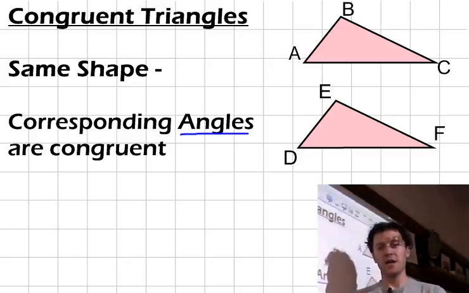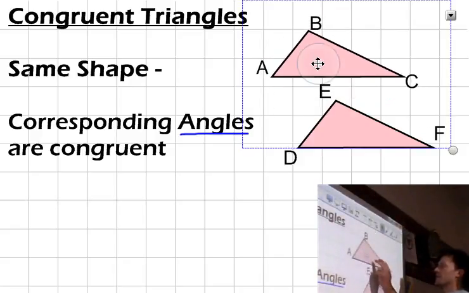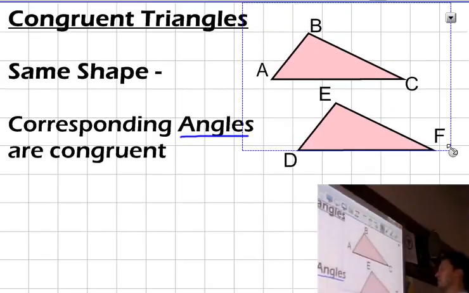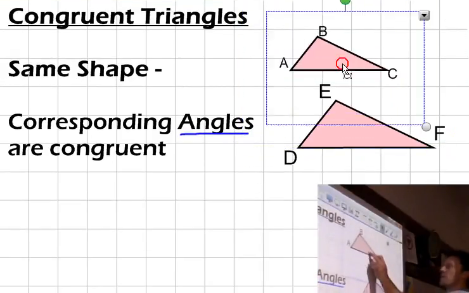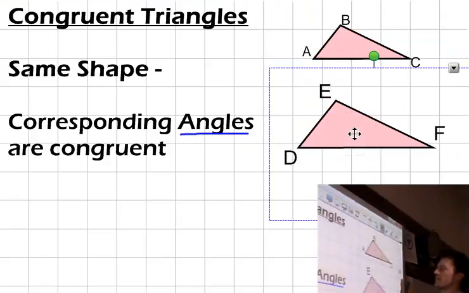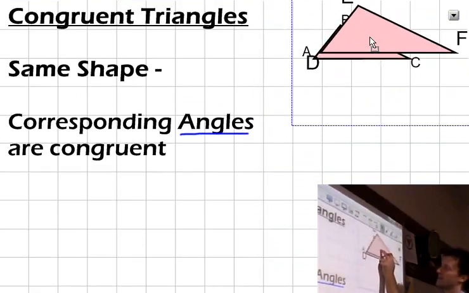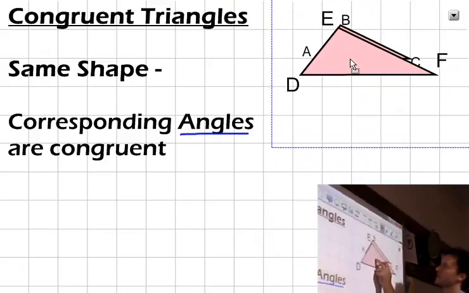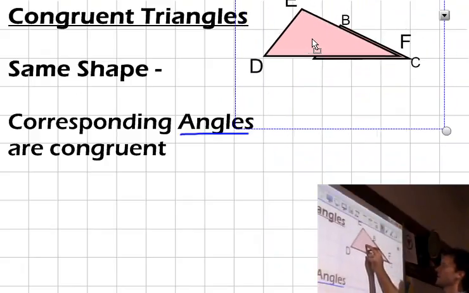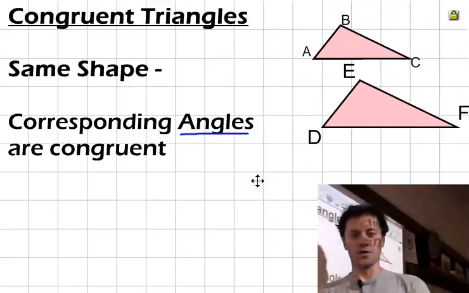If you're the same shape, then even if this triangle is a little smaller here, the angles are going to be the same. That angle is the same. This angle on top is the same. This angle on the right side. Okay, so the angles are congruent.